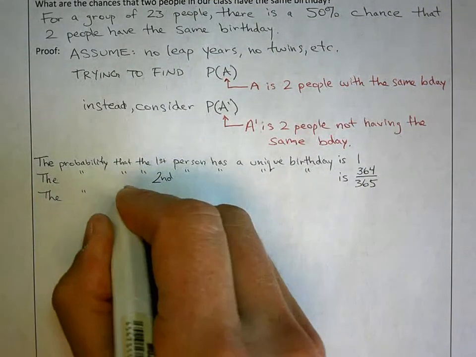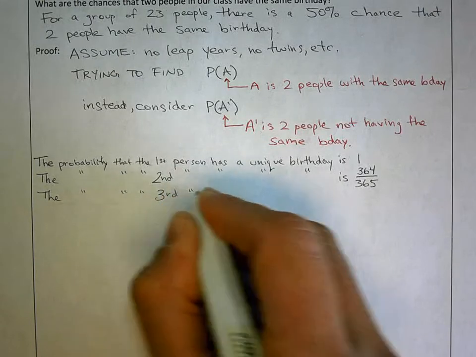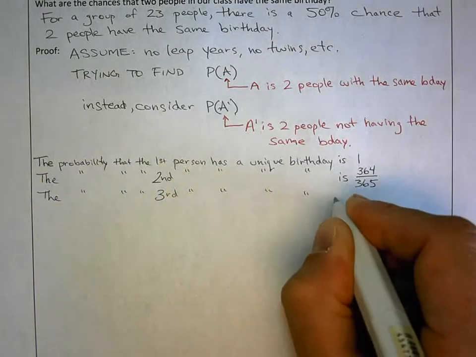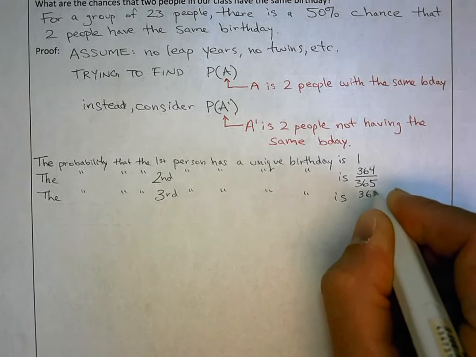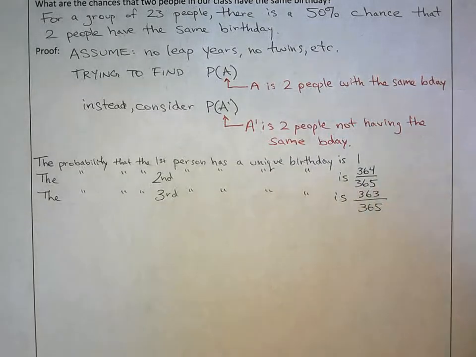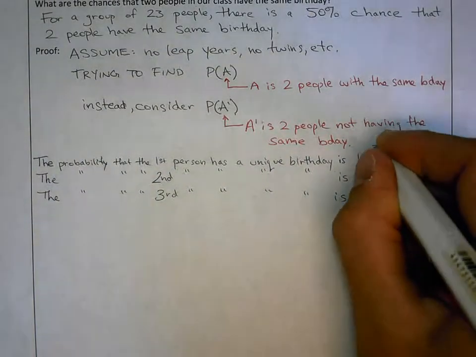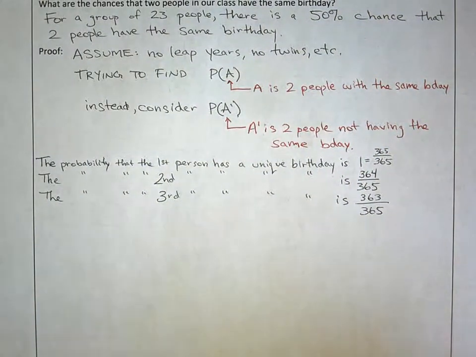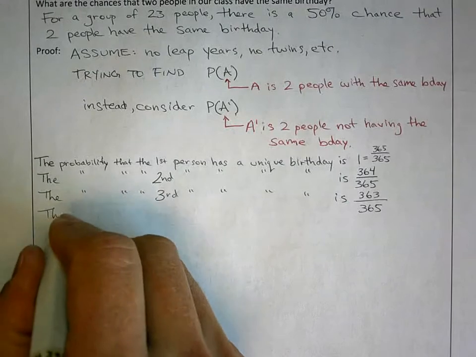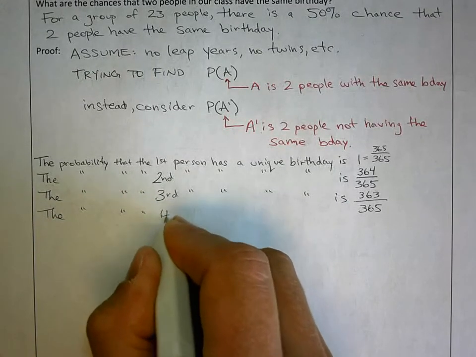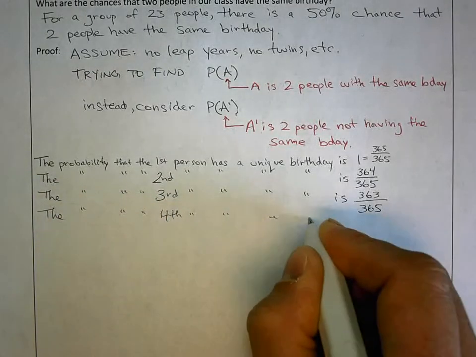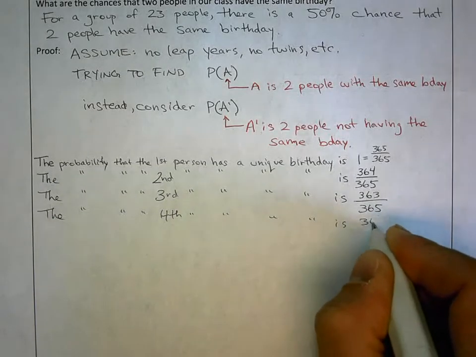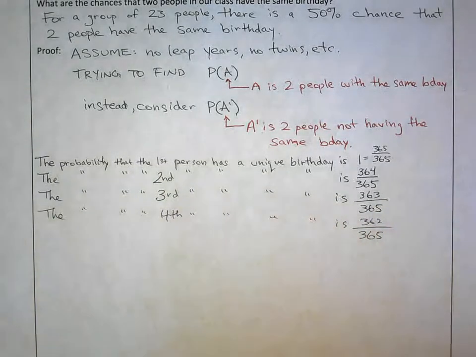The probability that the third person has a unique birthday: now there are two options that have been taken, so it's 363 over 365. We can keep doing this. Technically the first one is 365 over 365, that's why it's 100%. Let's do one more. The fourth person has a unique birthday with probability 362 over 365.